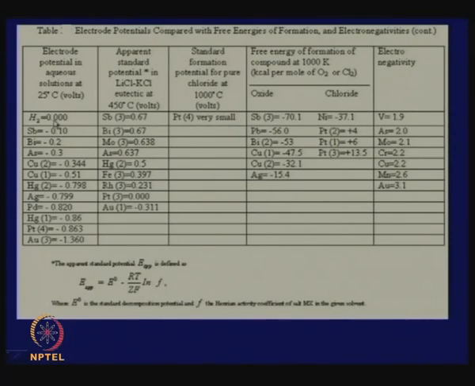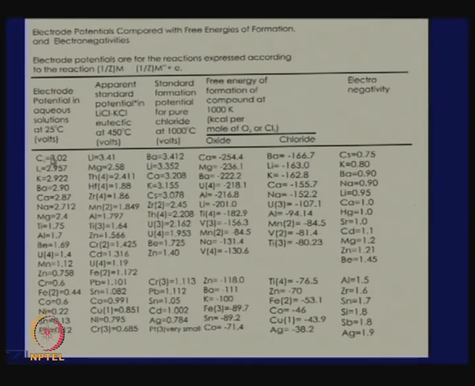There are metals whose electrode potential is below hydrogen, meaning these potentials are negative, and there are a good number whose electrode potentials are positive and higher than hydrogen. What this means is that these are more active than hydrogen.